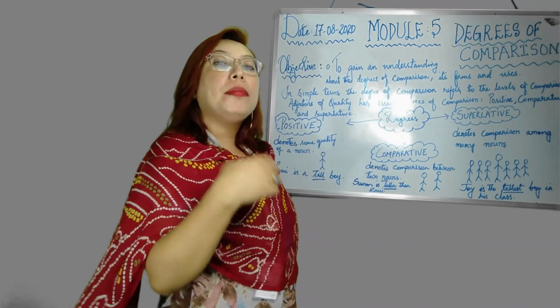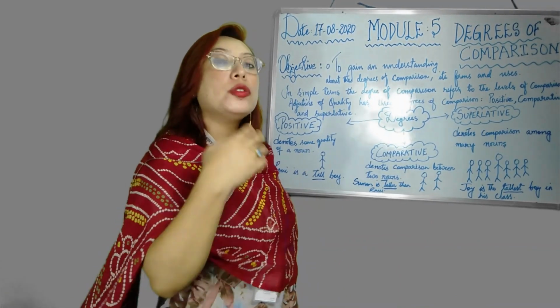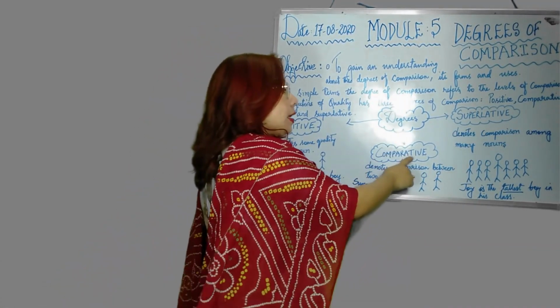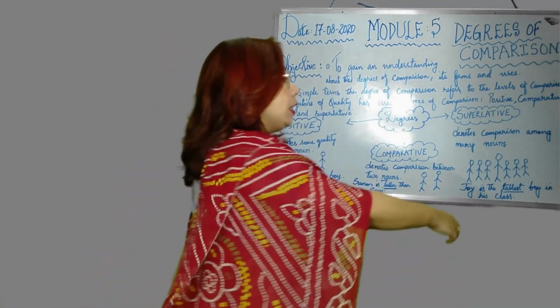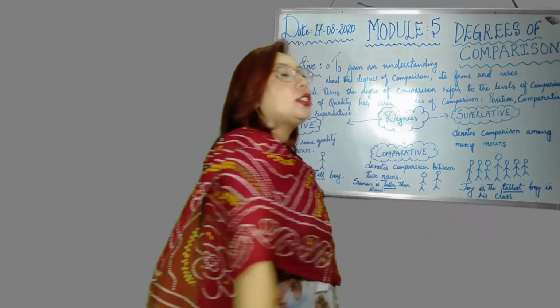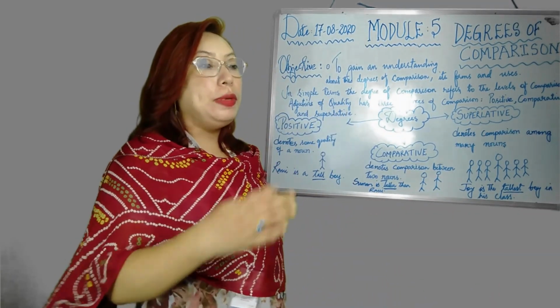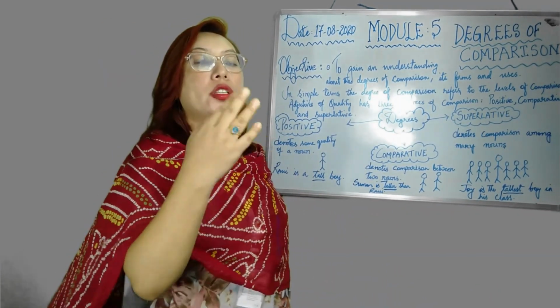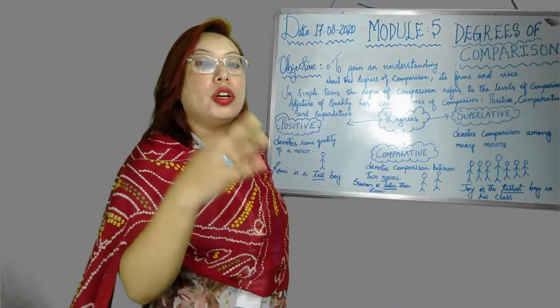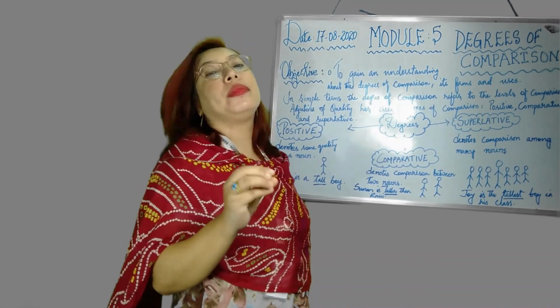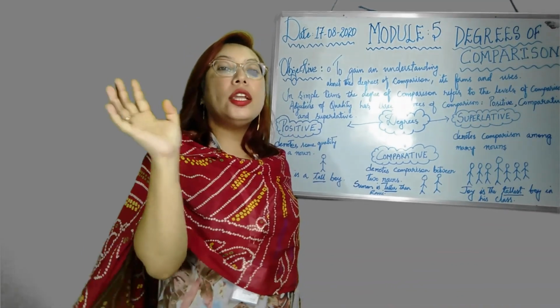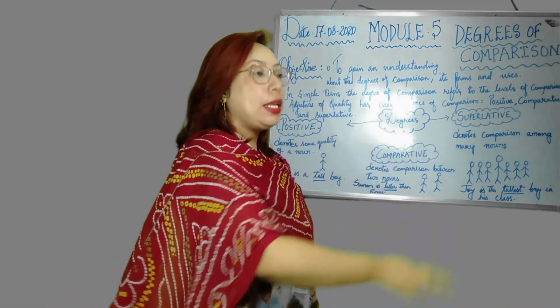Big, bigger. Small, smaller. So in comparative degree, most of the time you see er. And in the superlative degree, you see it ends with est. It is big, bigger, biggest. Small, smaller, smallest. Tall, taller, tallest, right? But there are many adjectives that do not follow this common pattern.